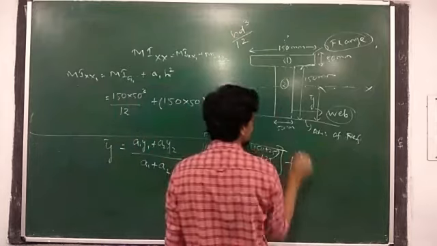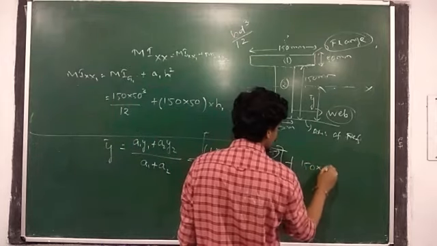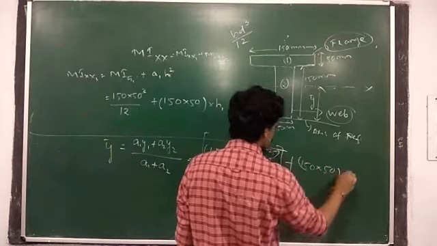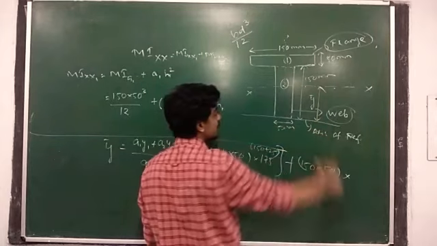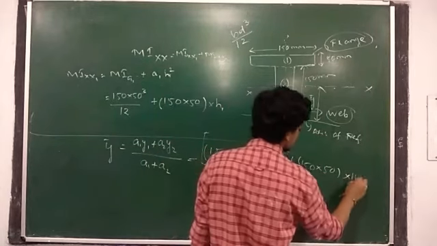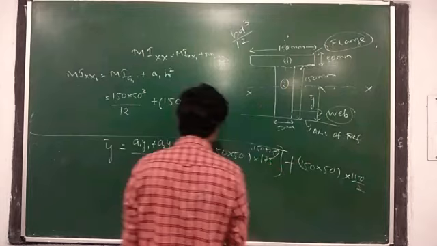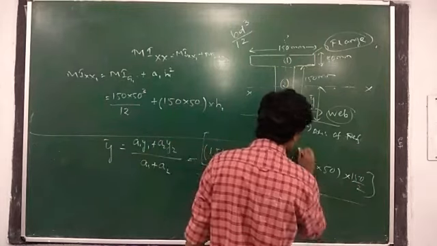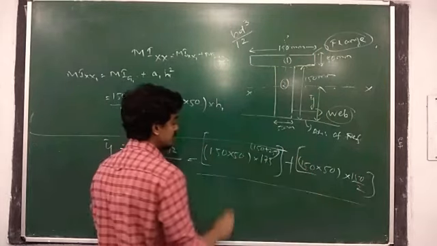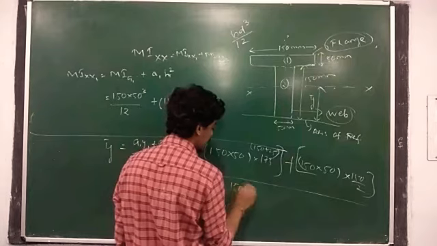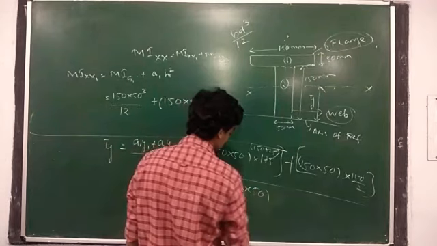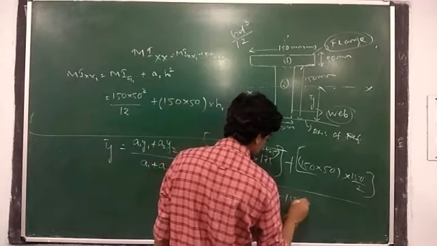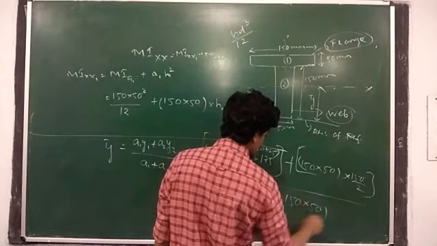Plus A2 means 150 into 50, same thing. 150 into 50 into y2 means this distance 150 by 2. This is one term, divided by total area, which means 150 into 50 plus 150 into 50.